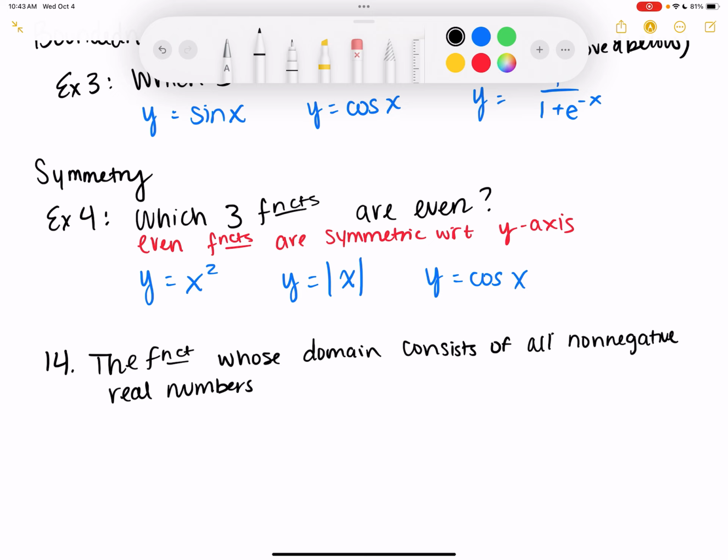So what is the only function that the domain is not negative? I'll let you take this one, Ryan. There's two.